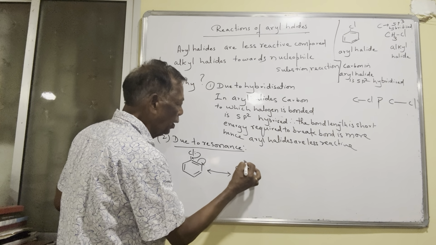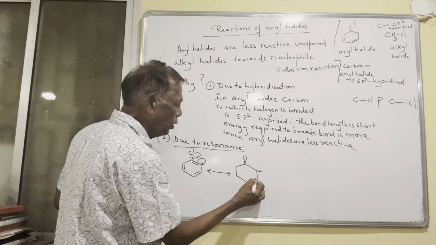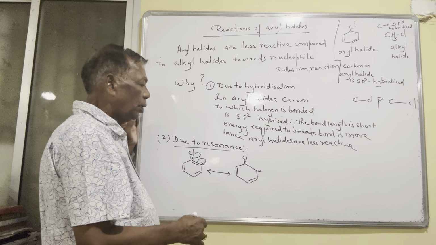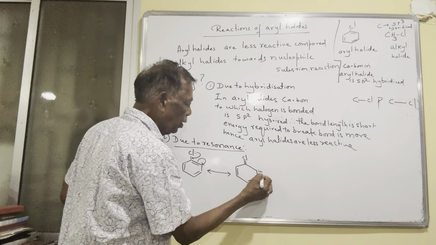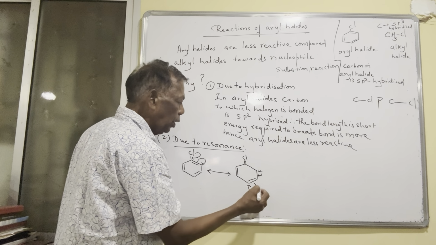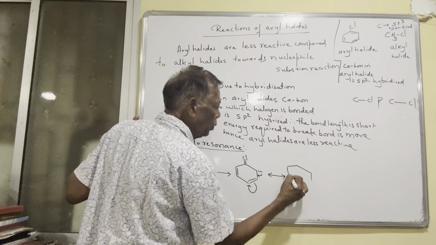A double bond will be created here with chlorine, and here there is a negative charge with double bonds here and here. Then this electron can shift here, and you can get another resonating structure. I will not show all the structures, but just to give you the idea.